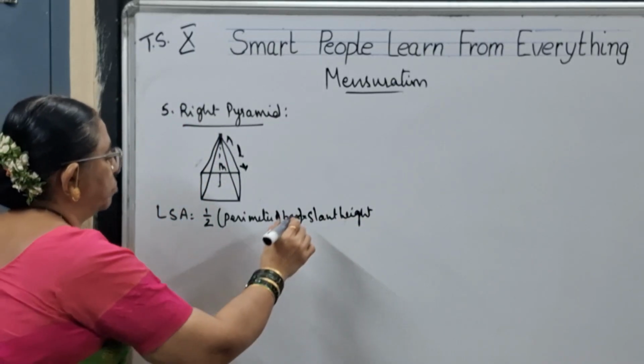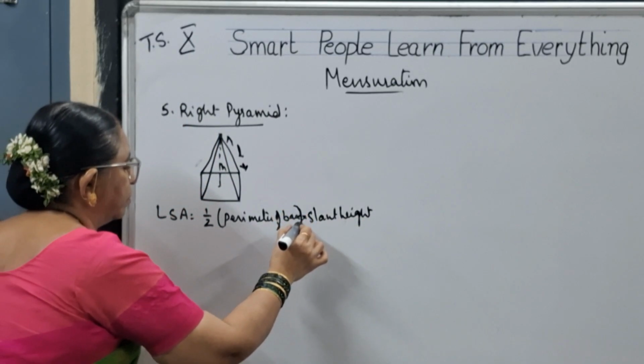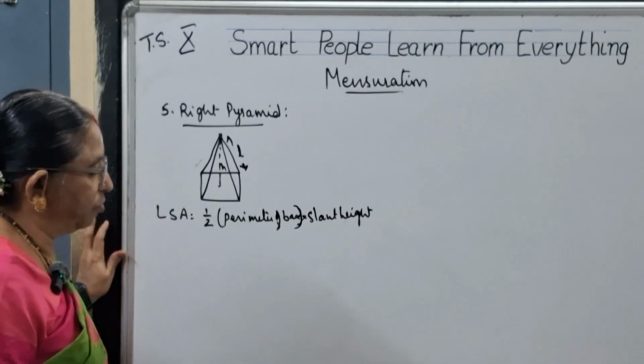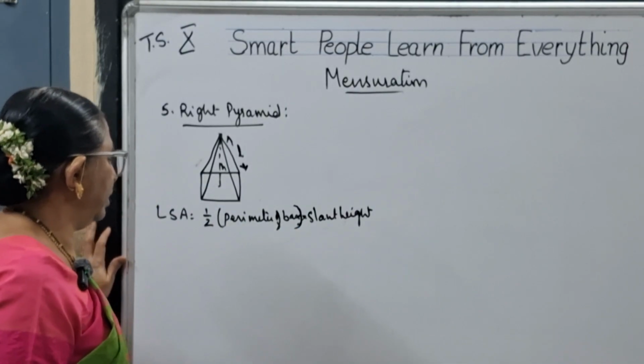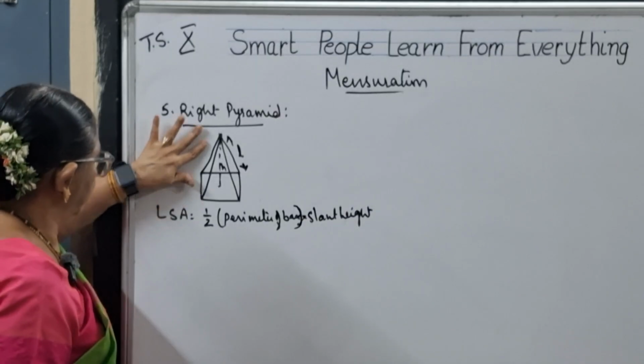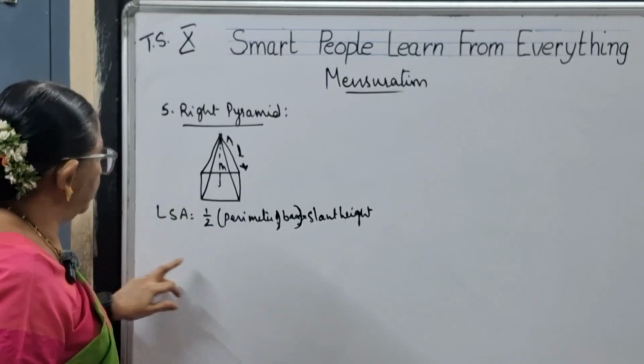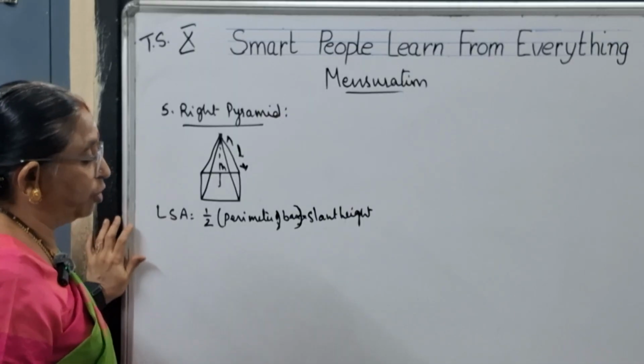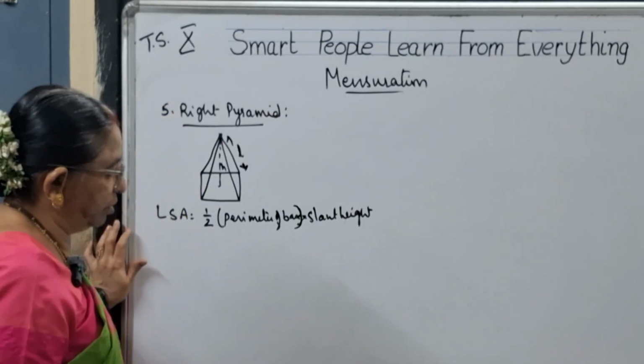Half into perimeter of base into slant height. That is the formula for LSA. The perimeter of the base depends upon which type of base it has. That is why a specific formula is not mentioned.